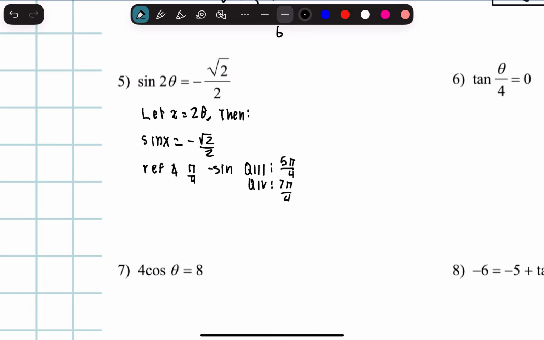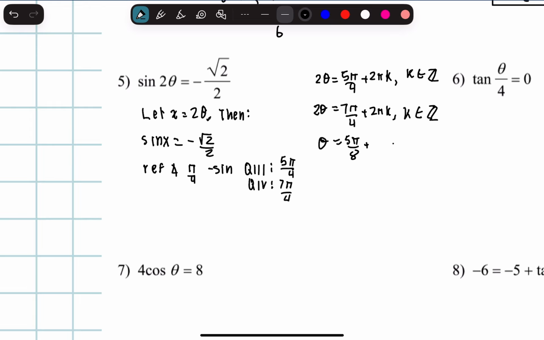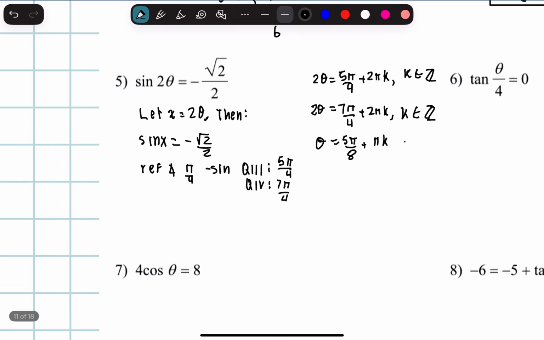Then 7 pi over 4 plus 2 pi k, and 5 pi over 4 plus 2 pi k, where k is a subset of the integers. But for theta, this is actually going to be pi k because you have to divide by 2, so you get rid of the 2 there.